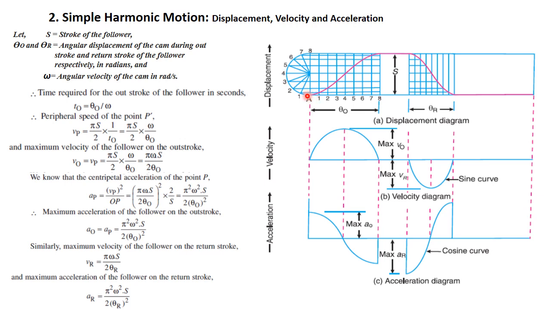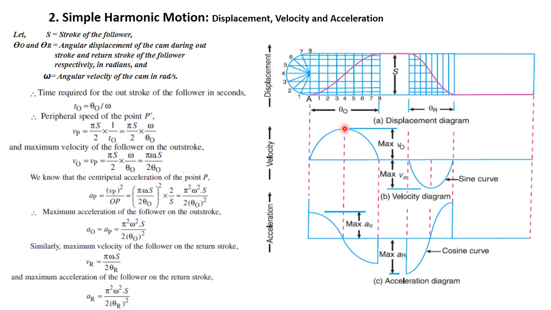Now the point has started from A and reaches the mid position on the circumference, and while moving so it attains the maximum velocity. And again, while moving from 4 to 8, it retards to have 0 displacement, so velocity again becomes 0.